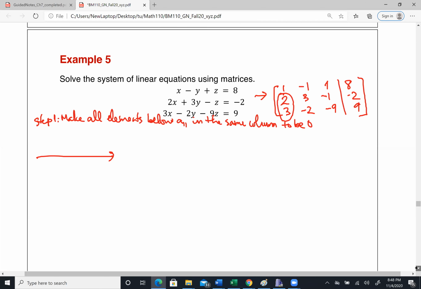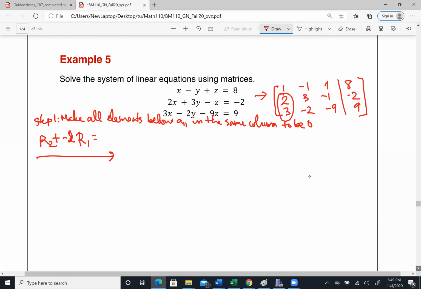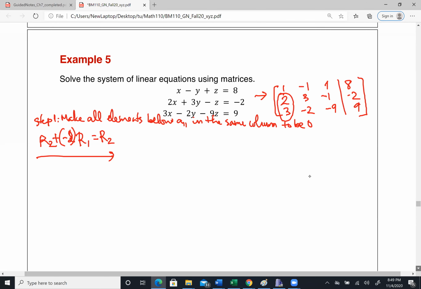So what does that mean? I want row 2 changing by adding something multiplied with row 1. You can see that you should multiply it by -2 to make the new row 2.